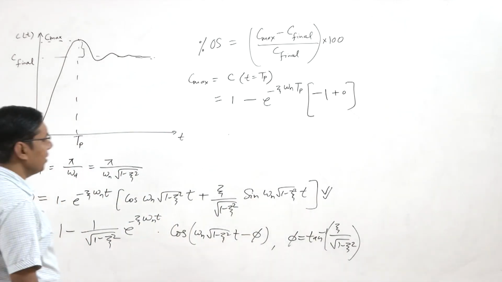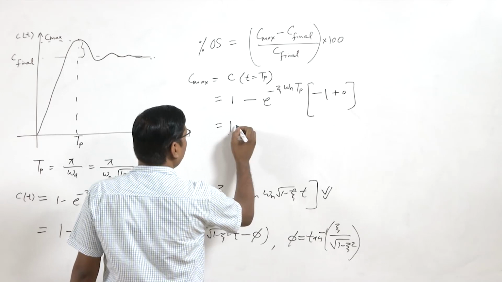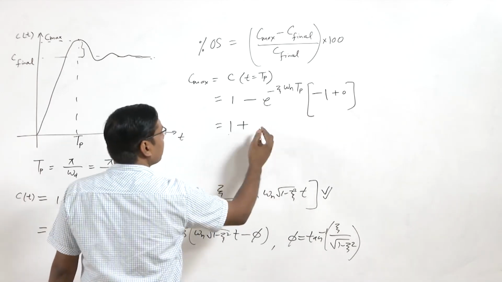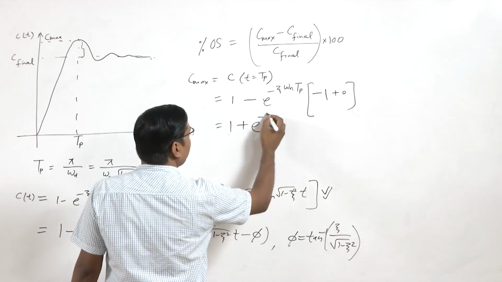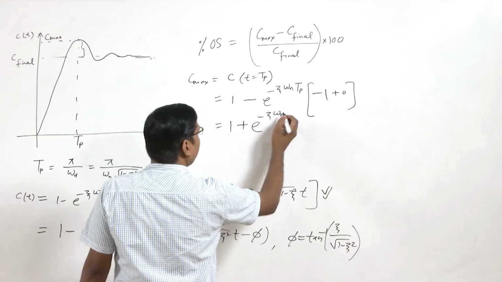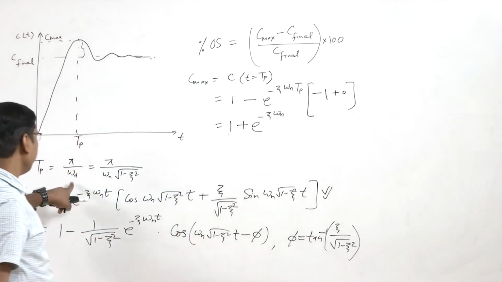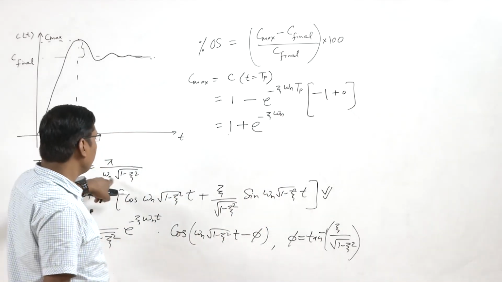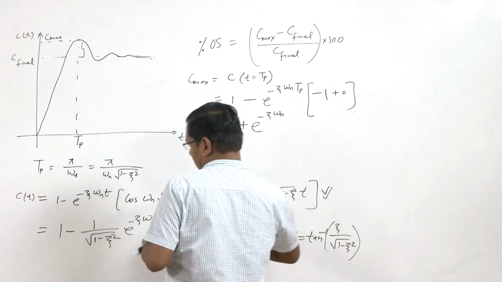So we will get 1 plus, because minus minus is plus, exponential minus zeta omega n Tp, where Tp is pi upon omega n root 1 minus zeta square.